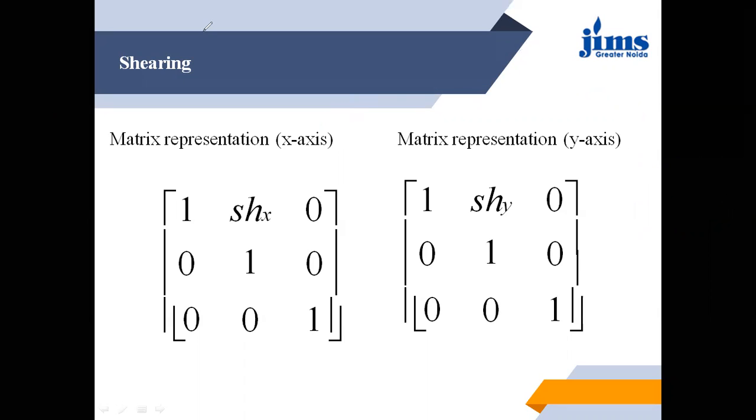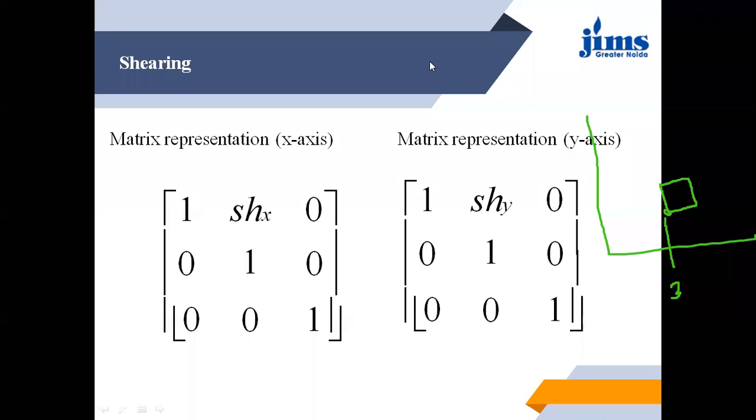I will show you by another example. Suppose this is a coordinate system. We have an object, and suppose the point is 3 and 2, the value of x is 3, value of y is 2.